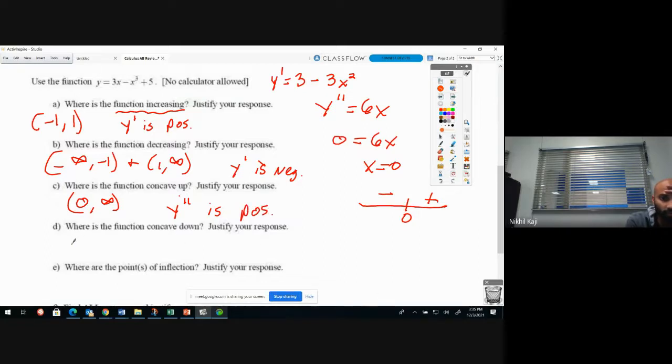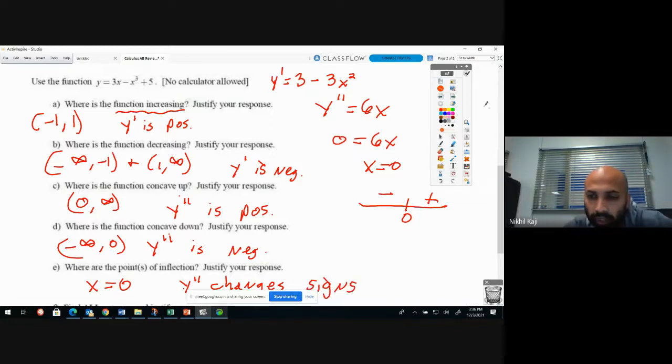Concave down, negative infinity to 0: y double prime is negative. Point of inflection, x equals 0, because y double prime changes signs. So the justification is basically what we're reading from our sign chart.